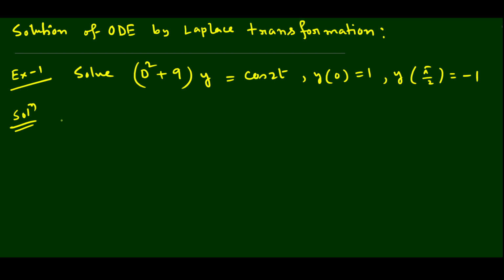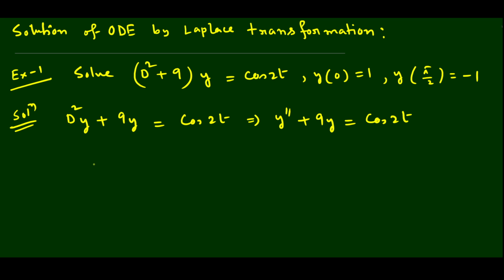So first let us split them. D square y, the next one will be our 9y, is equal to cos 2t. What is D square y? D square y is y double dash, so double differentiation, plus 9y is equal to cos 2t. So first of all, what to do?